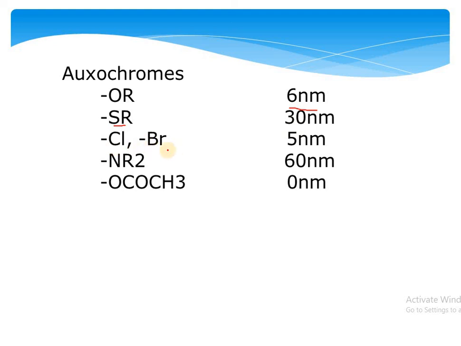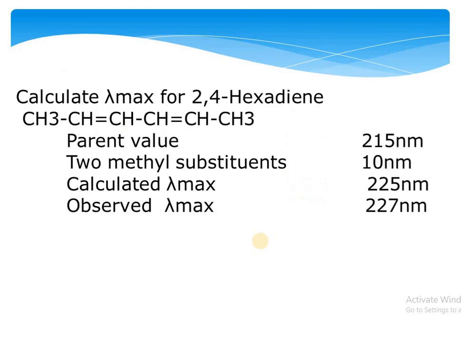If chloro or bromo groups are attached, then 5 nanometers. If an NR2 group is present, then 60 nanometers are to be added. If an acetate group is present, then 0 nanometers is to be added. So for different groups we have to add different values, and these values will also be known by us.